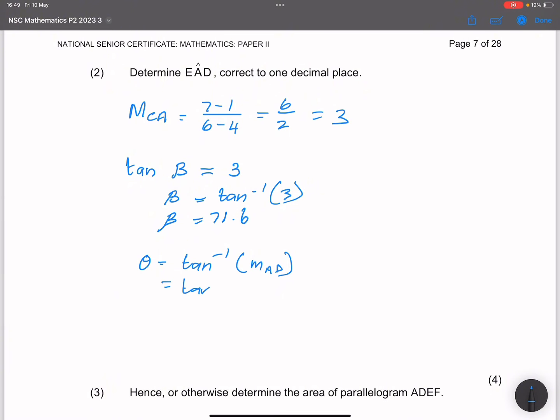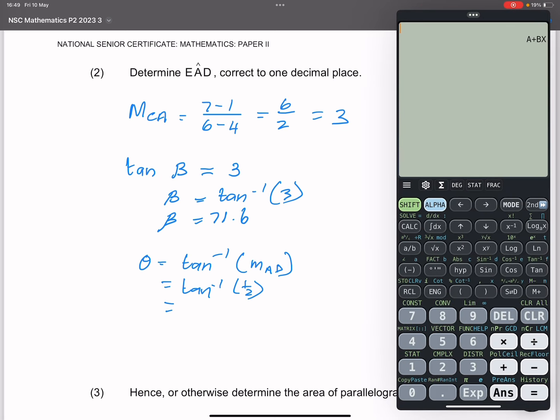So that's arctan of 1 over 2. And so the arctan of 1 over 2, let's find that quickly. Shift tan of 1 over 2. And please remember, ladies and gents, you must make sure that your calculator is in degrees.